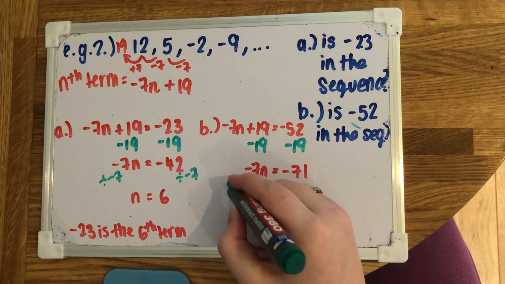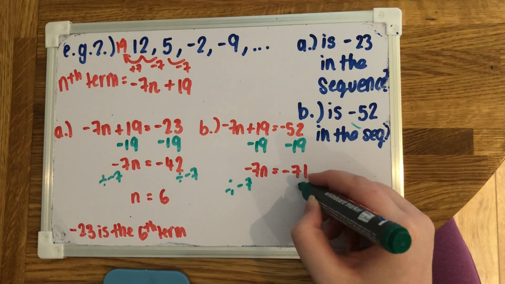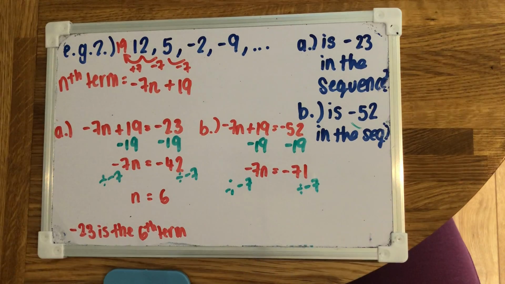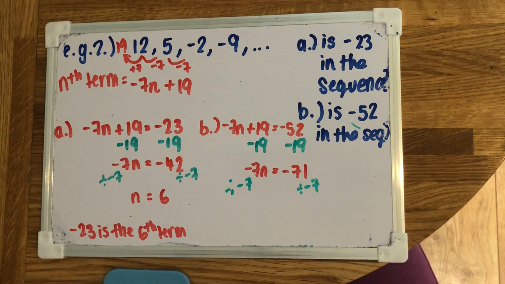Okay, now you can use a calculator for this bit if you really want to. But if you think about your 7 times table, the number closest to 71 would be 70, because 7 times 10. So we know that 7 won't go into negative 71 perfectly.